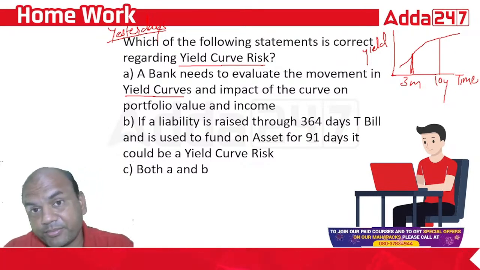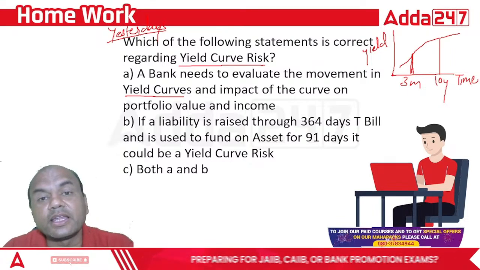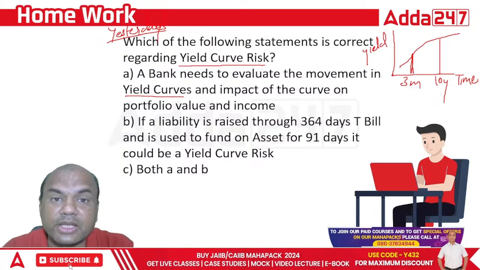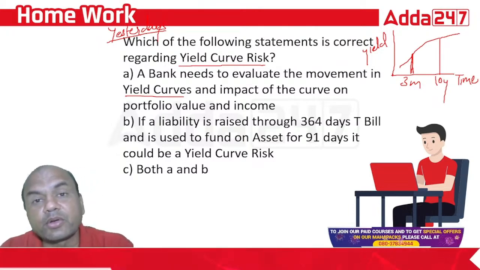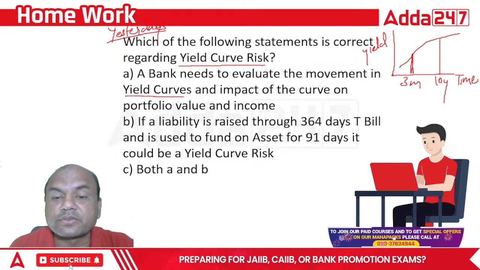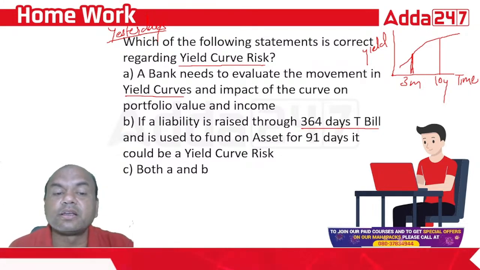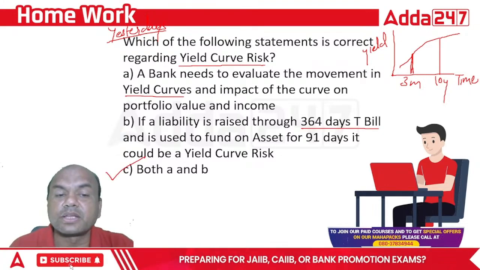I may be. Once this 91-day loan matures, again I need to refresh this loan and give it to someone else. Will I be able to give it at the same rate? Because the rate of interest is fixed for the liability at 364 days, but this is changing, I'll definitely be faced with the yield curve risk. So answer is C, both A and B.